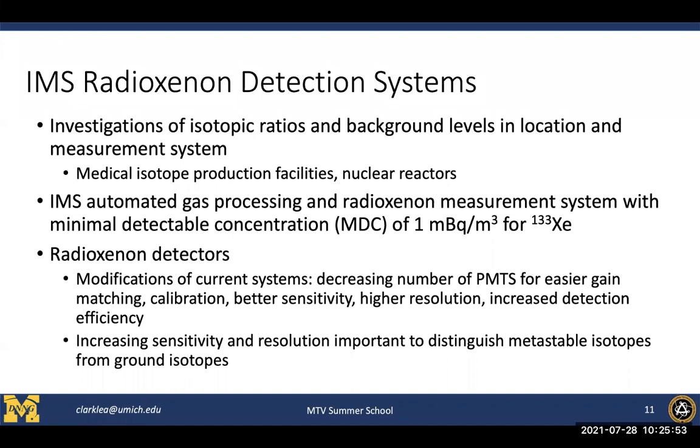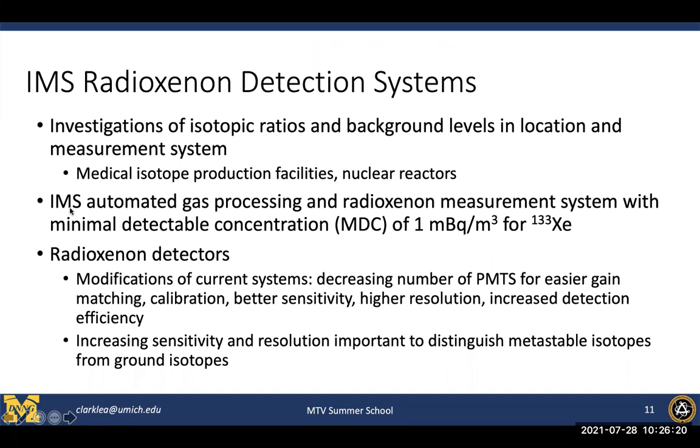Because of this, if the IMS collects data that there was xenon present in the atmosphere, we want to make sure that it was not from a nuclear reactor or a medical isotope facility, and in fact that it was from a nuclear explosion, for example. It would be really important because we don't want false positives. We want to make sure that we're doing the best we can for that.